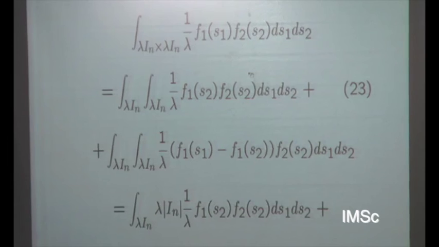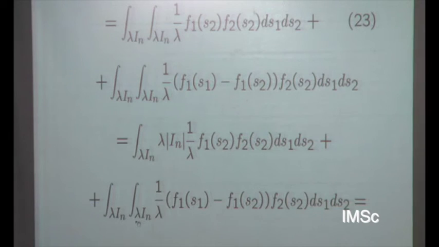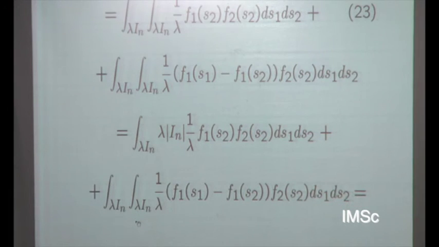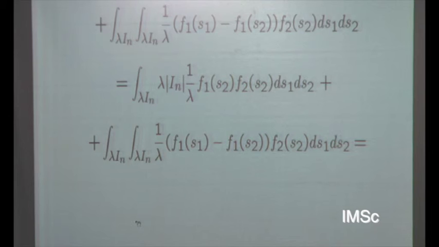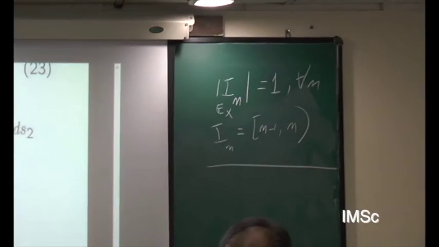I want to attract your attention to the fact that there is the factor 1 over lambda here, so that when I integrate over ds1, this will give me lambda times the measure of I_n, but the Lebesgue measure of I_n is 1, and the lambda will simplify with the 1 over lambda.